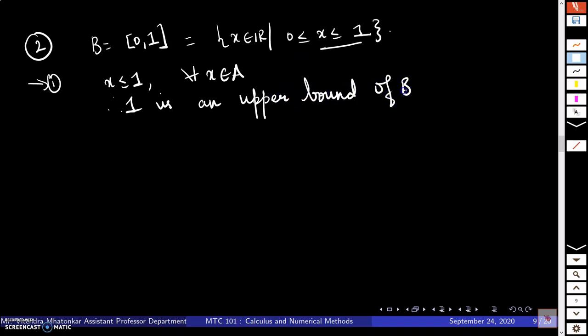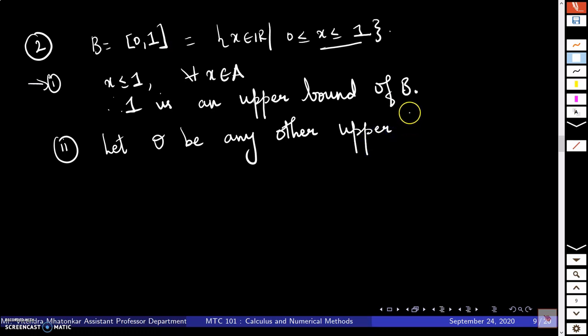Now, to show that 1 is the least upper bound, what we have to do? Assume that there is some other upper bound. So take some other upper bound of B. Let's say theta be any other upper bound of B. That means this theta will be bigger than or equal to every element of B, right?